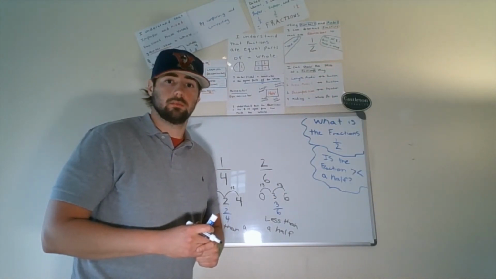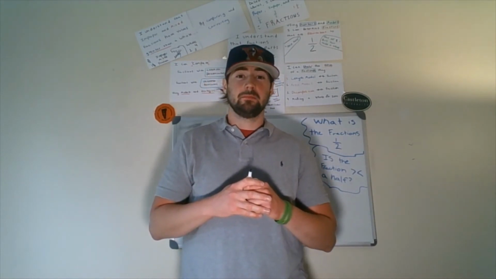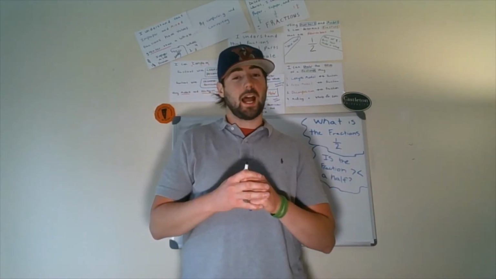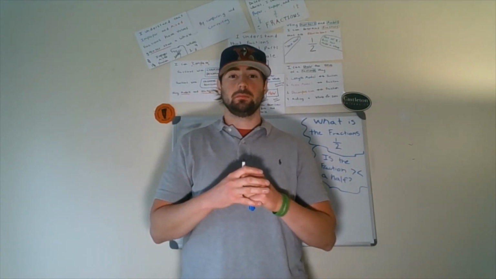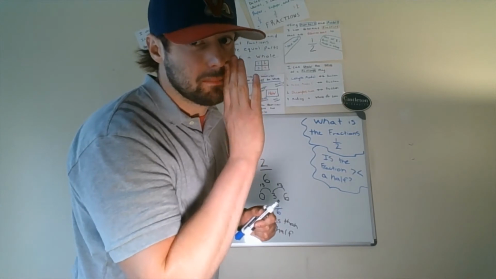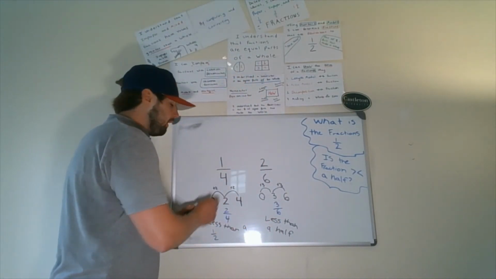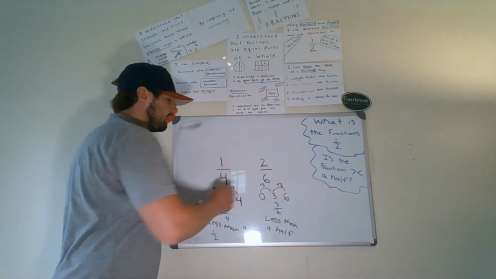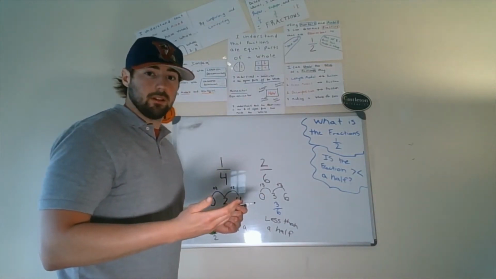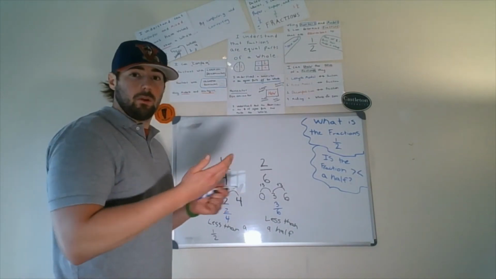Uh-oh. Well, sometimes when we're using a strategy, it may not always work out exactly the way we want it to. So in the case of this example, which I did on purpose, 1/4 and 2/6 are less than a half. Mr. G, I can't compare them. What do I do?